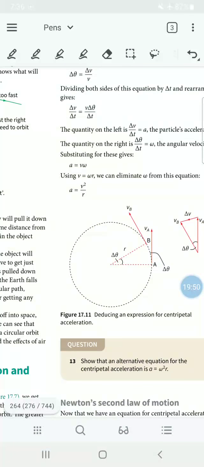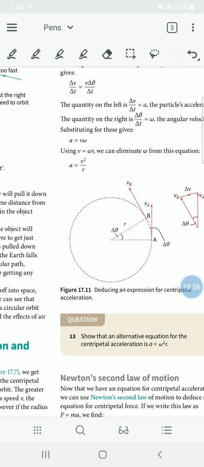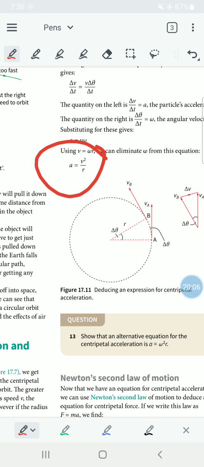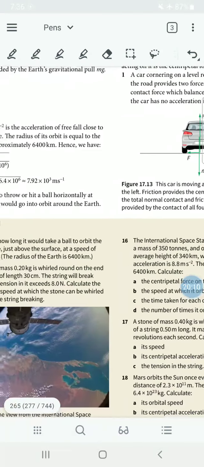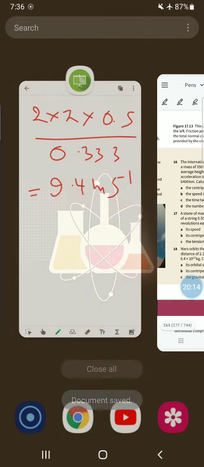Now the equations are a equals v omega, a equals v squared upon r, and also a equals omega squared r. Here we are not referring to omega, therefore we can use the equation a equals v squared upon r. So let's use that.